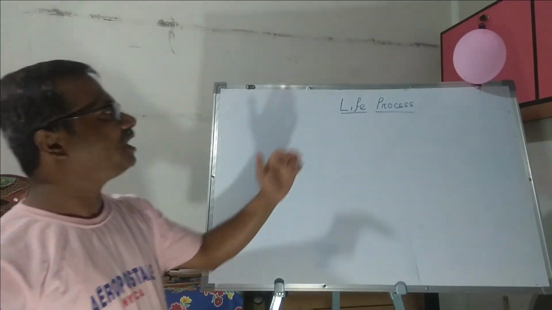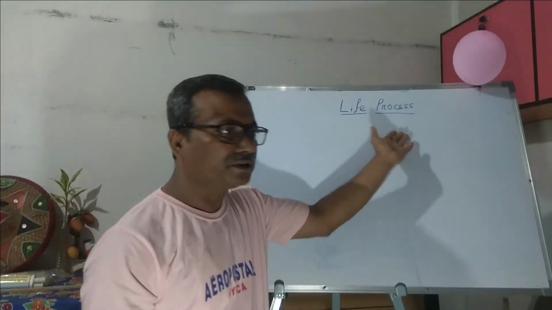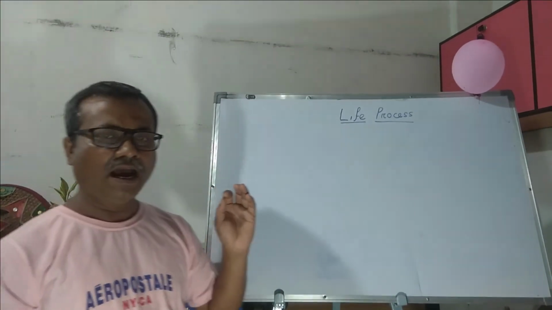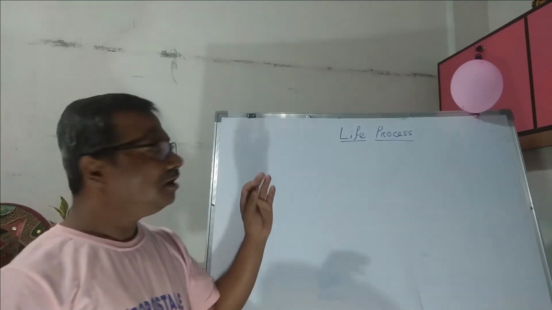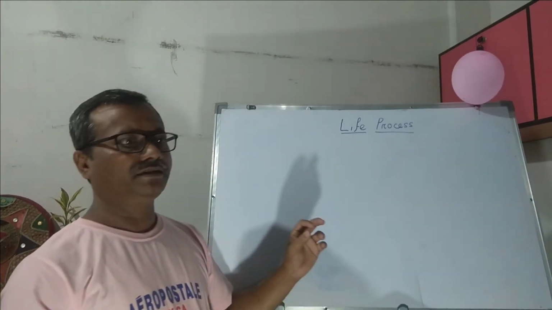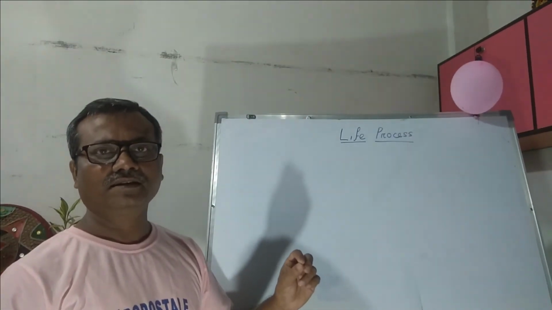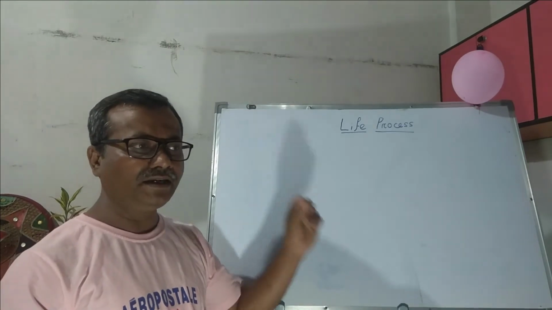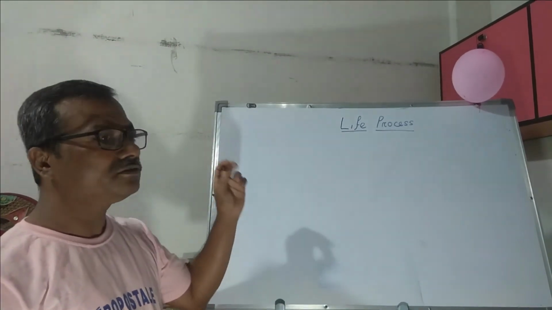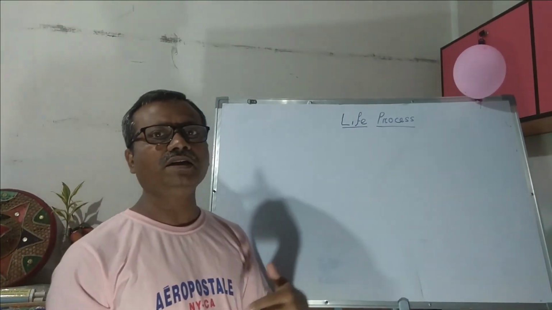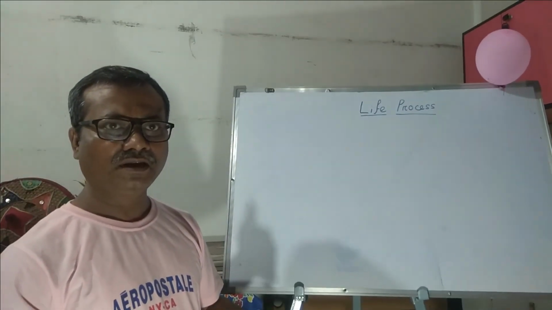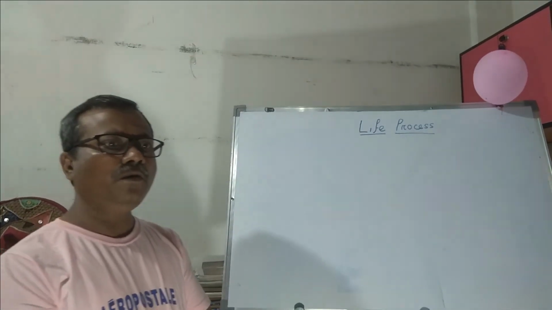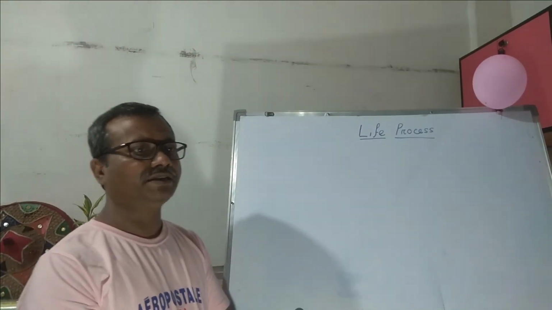Those processes are called life processes. I am repeating the sentence again. Some activities or processes go on continuously in all living beings, without which no living being can survive.